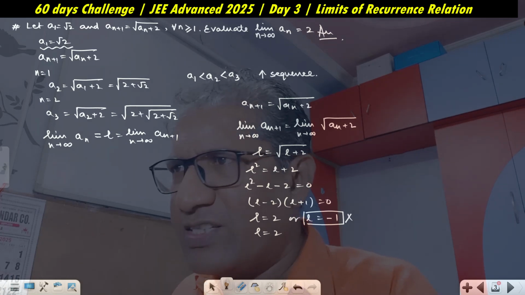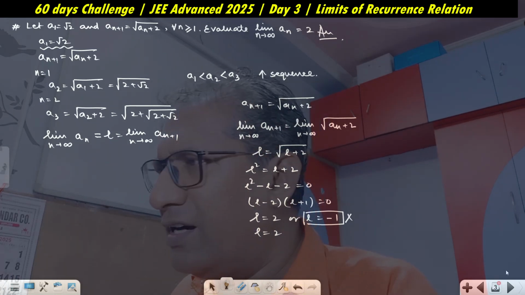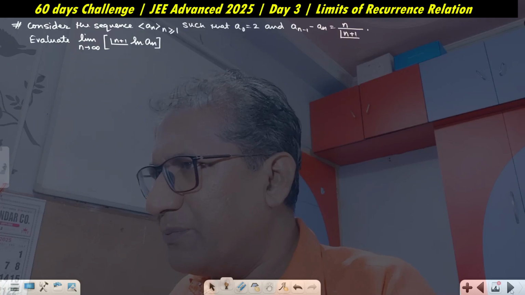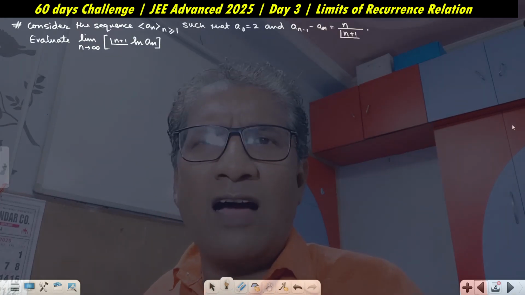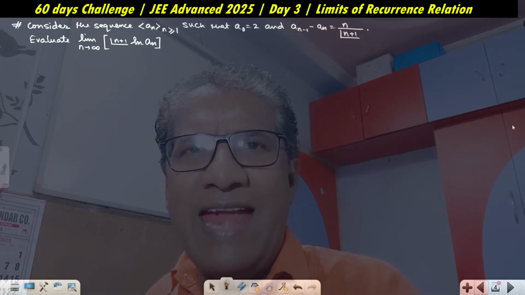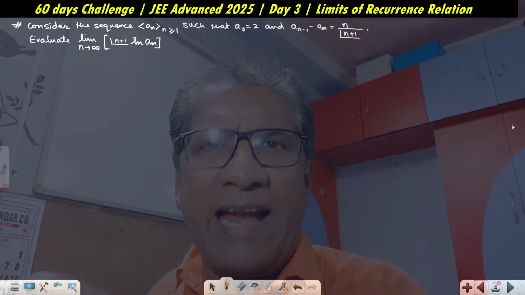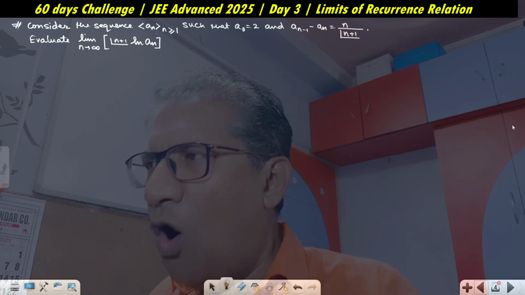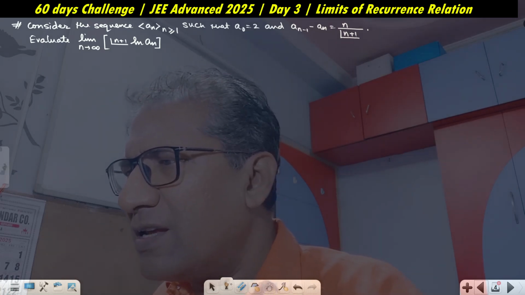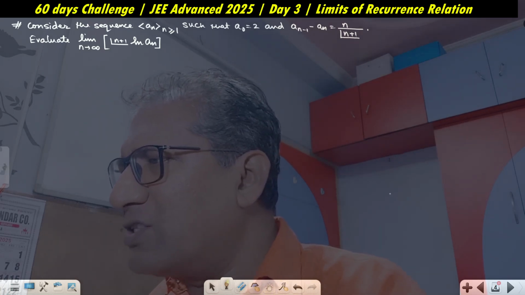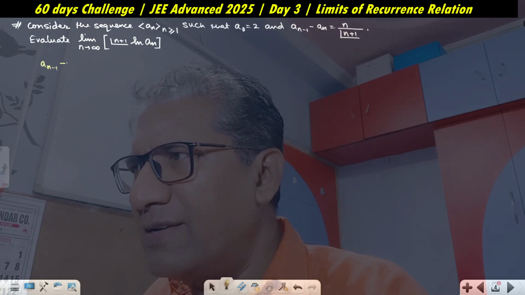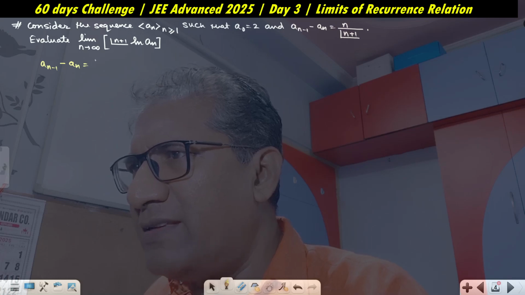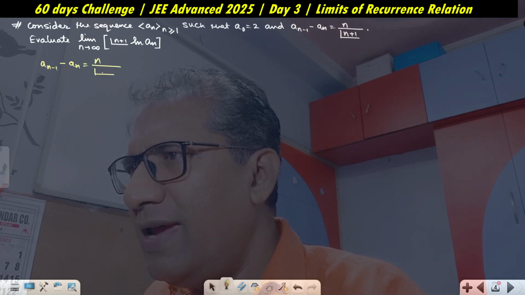Okay. Now let us take some other flavor of recurrence relation. Now in this question, they have not asked to find the limit as n tends to infinity of an directly. All they have given us is a recurrence relation like a(n-1) minus an is n over (n plus 1) factorial.